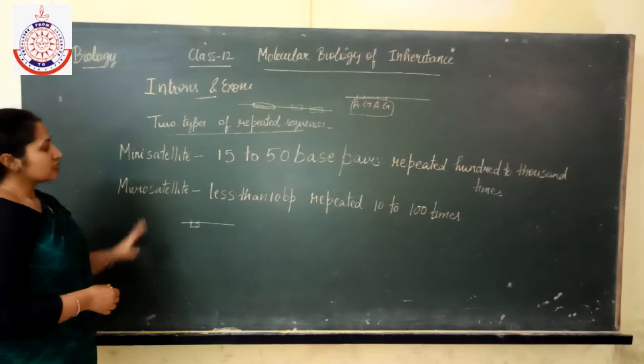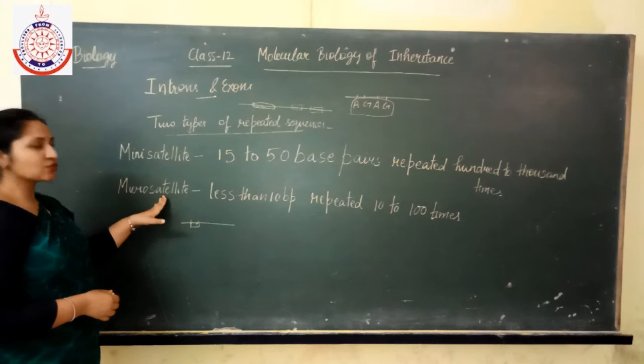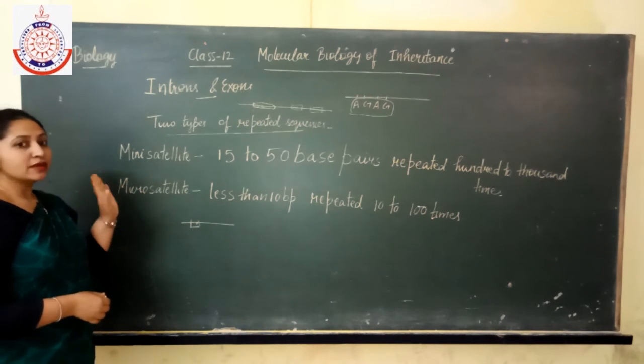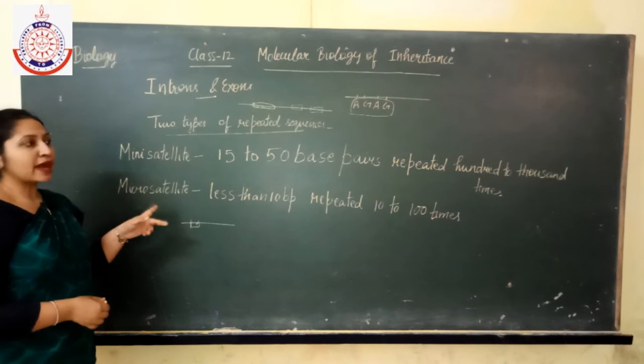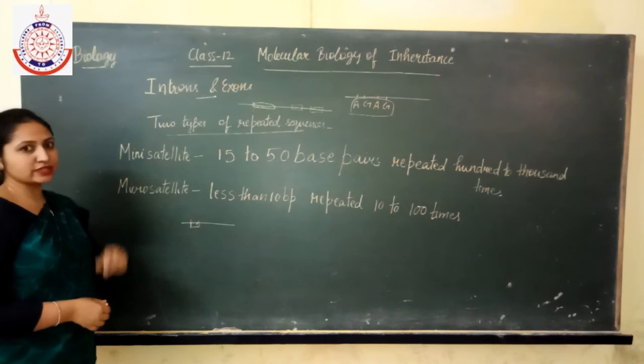So this is a part of the satellite DNA. Minisatellites and microsatellites are also known as satellite DNA. Satellite DNA is the DNA which contains the micro or mini type of repeated sequences.